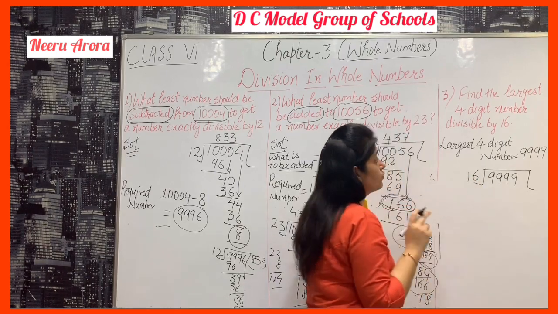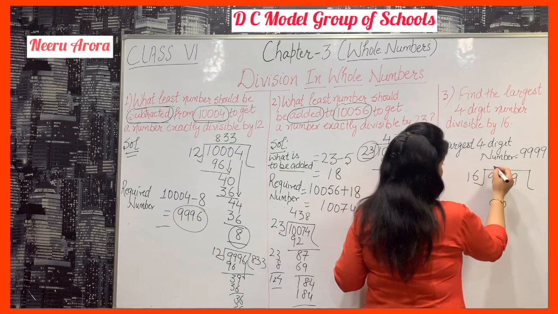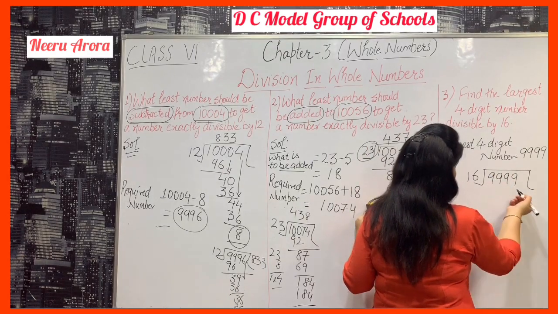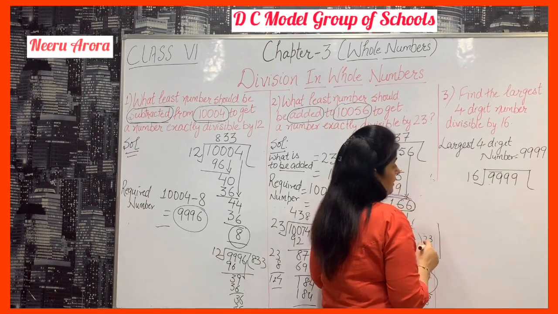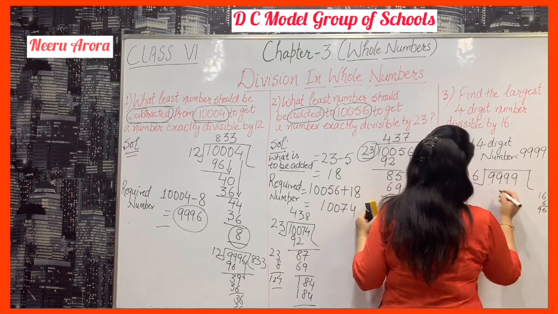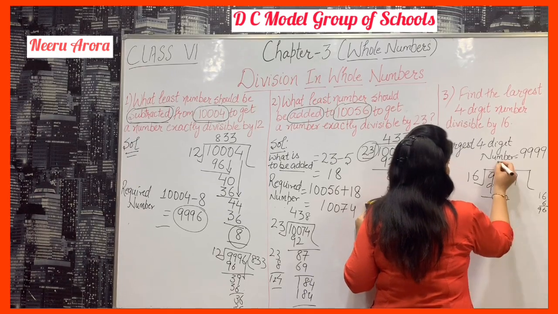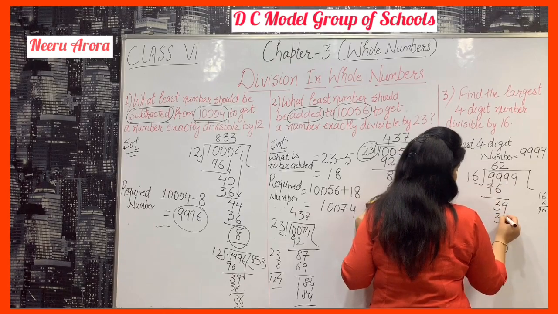Now the condition is we want the largest 4-digit number. So 16, on which number does it go? 16, here is 99. So 16 6s are 96. 16 into 6, here comes 39. 16 2s are 32.